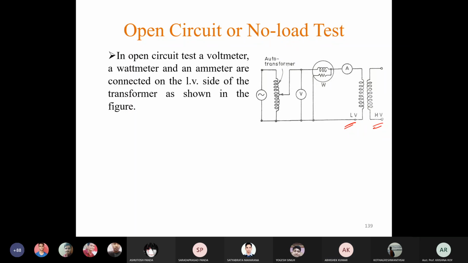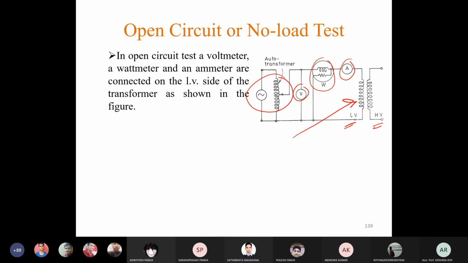Yes, sir. Sir, please repeat again. You can see this ammeter, wattmeter, voltmeter and the supply system are all connected to the low voltage winding, while performing this open circuit test. So that is why we can say that the open circuit test is performed on the low voltage side.